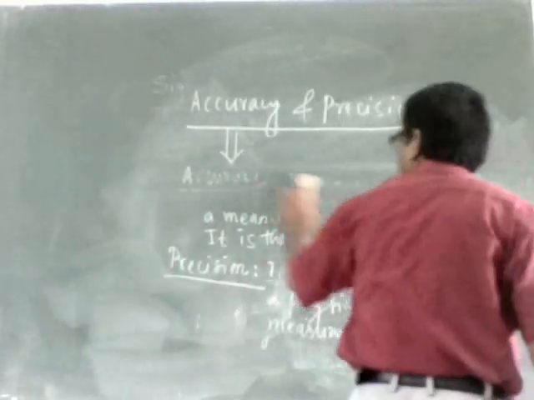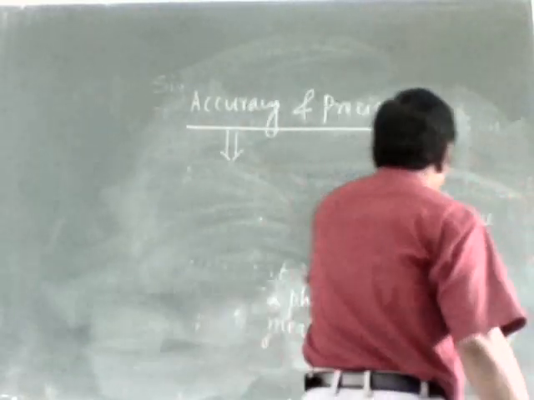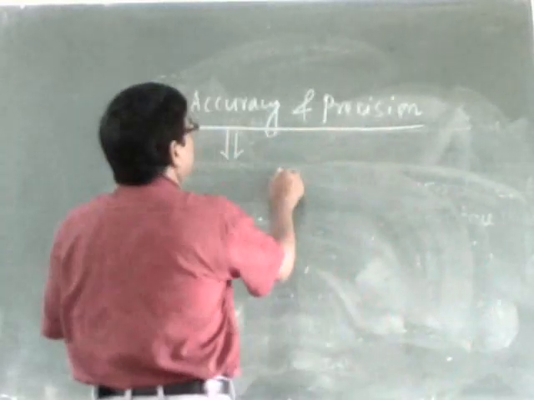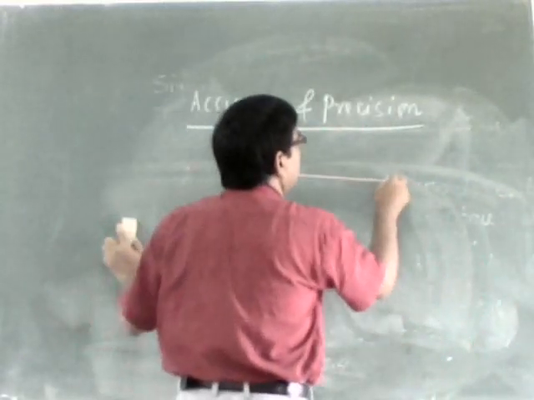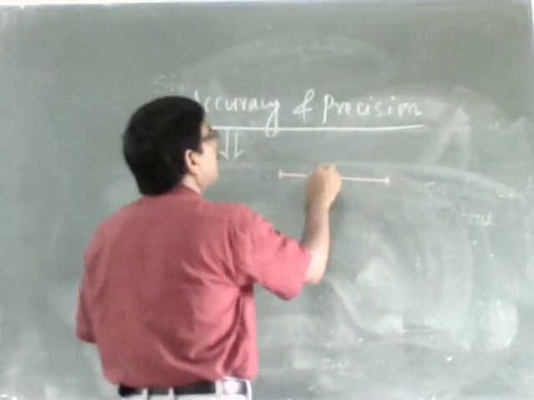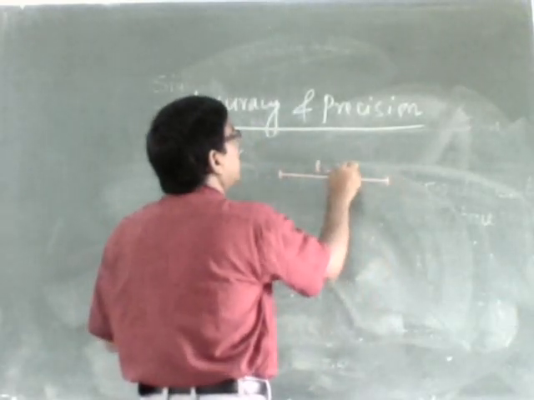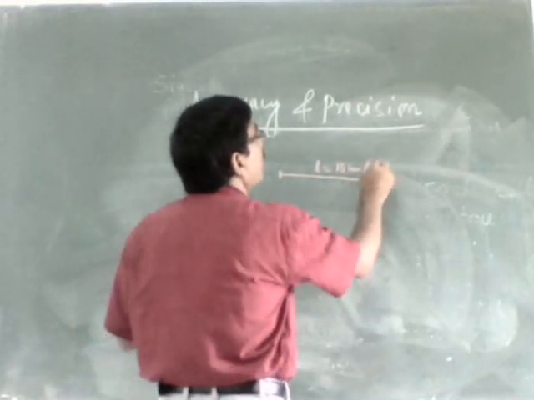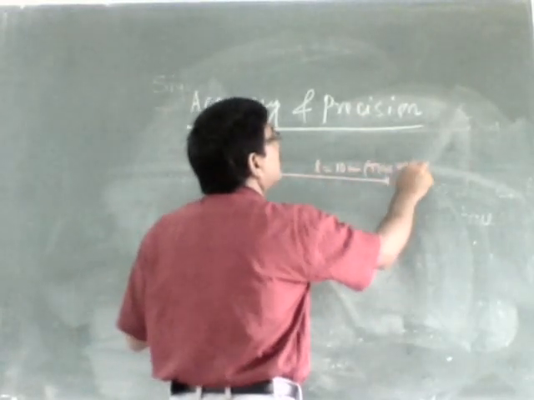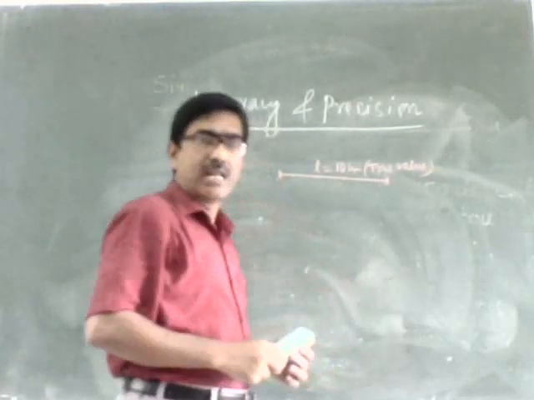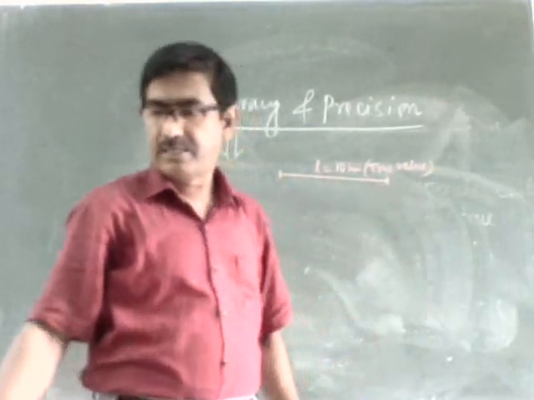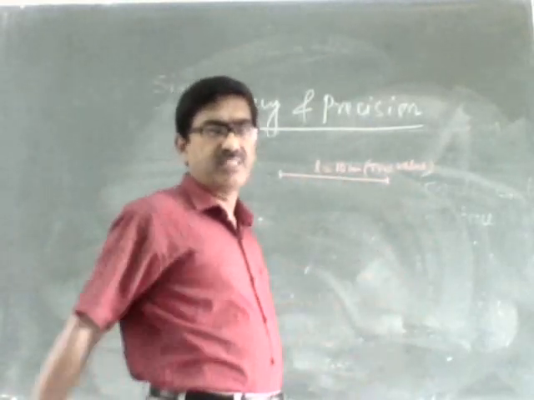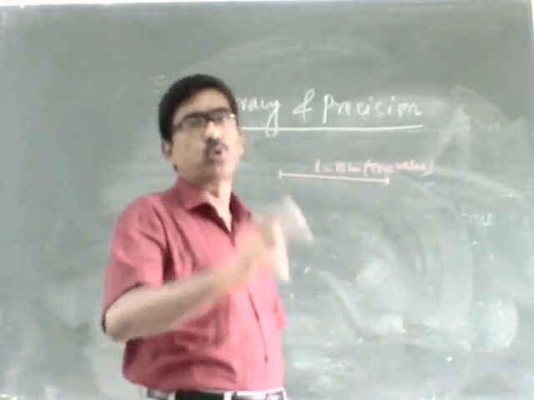Suppose this is a rod whose true length is 10 centimeter. This is the true value. It is measured by two students.